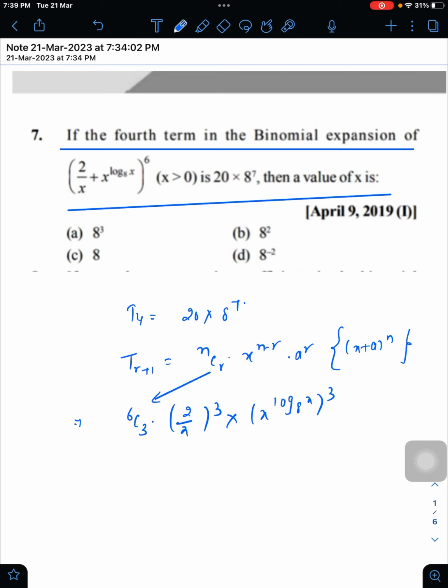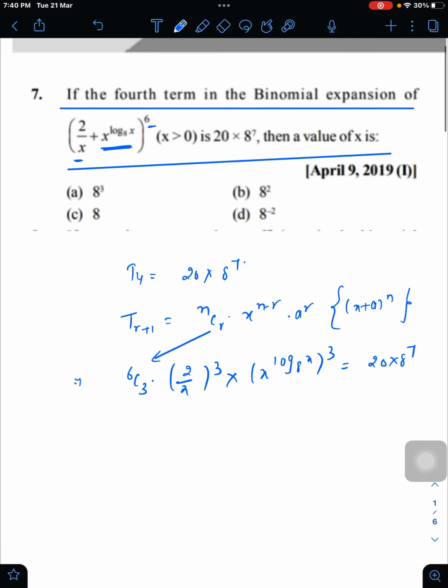As you can see, the value of n is 6. What is x here? x is 2 by x. What is a here? a is x to the power log base 8 of x. So the value I am going to get is equal to 20 into 8 to the power 7.